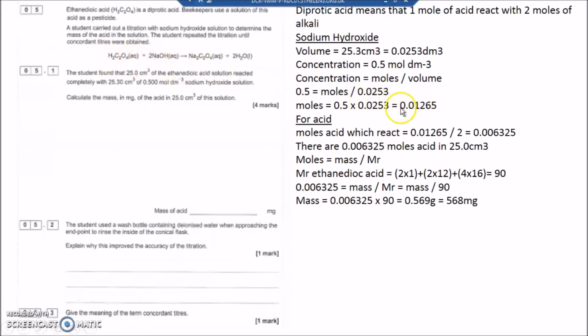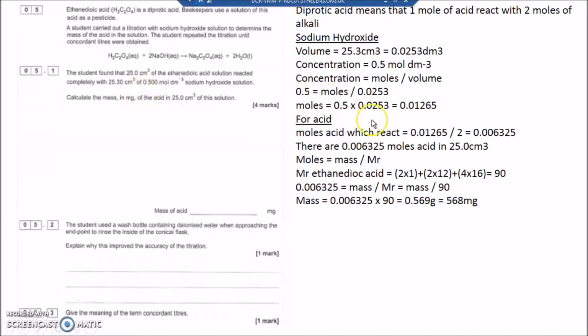So if I half it, 2 down to 1, it'll tell me the number of moles of acid that I've got. So divide by 2, I've got 0.006325 moles of acid reacting with 0.01265 of sodium hydroxide. I've now got the number of moles of acid in this 25 centimeters cubed.